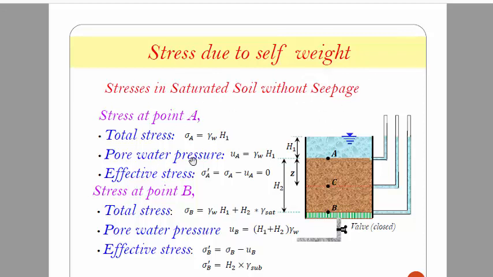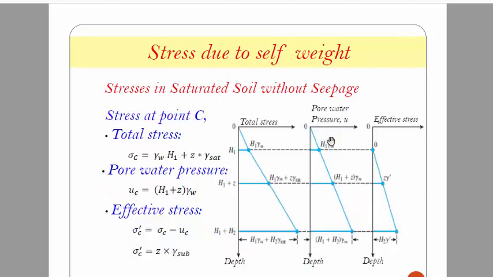You calculate the stresses at points A, B, C, D, calculating the effective stress at each point. Also calculate the total pressure and the pore water pressure at the different levels, and draw the total stress diagram according to the unit weight of water and depth, pore water pressure acting according to depth, and effective stress acting according to depth.